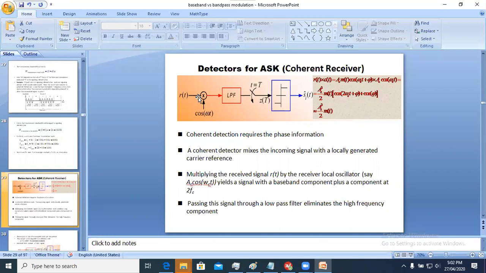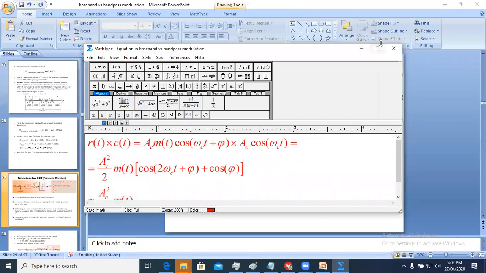So we want the locally generated carrier to be in phase with the received signal, and we know that the value of this phi is known. Then we use the low pass filter and extract the message and sample it, and we decide whether the sample is for a positive or zero pulse transmitted.